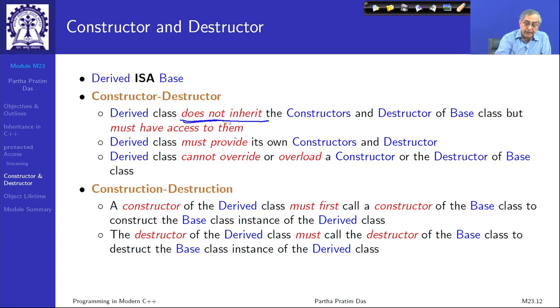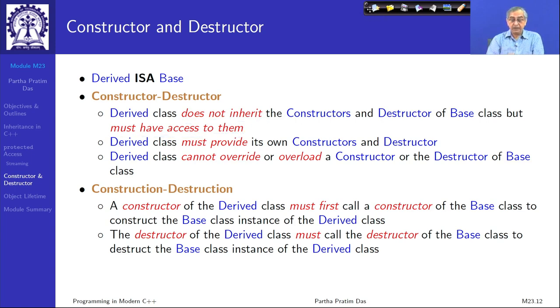So, you do not inherit them, but you must have access to them. Why do you have access to them? Because in object layout, in the derived class, a base class part, a base class instance is getting created. Now, naturally the derived class does not know how to create the base class object. So, it has to use the constructor for that, same for the destructor.